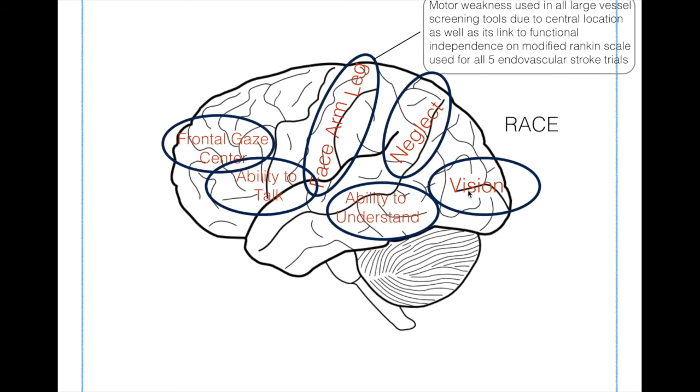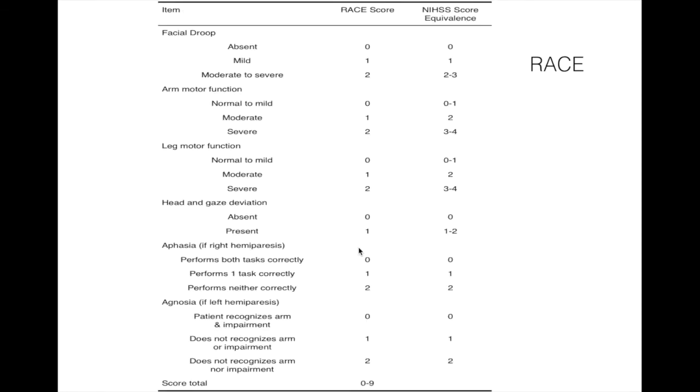So let's take a look. The first one is RACE, Rapid Assessment of Occlusion of Emergent Large Vessel Artery, right? And so this RACE score tests all of these: face, arm, leg, neglect, and inability to understand or talk, basically aphasia, and vision and gaze preference. But it's a relatively long exam. Look at this. You test face, you have to score 0, 1, or 2. You test arm, then you score 0, 1, or 2.